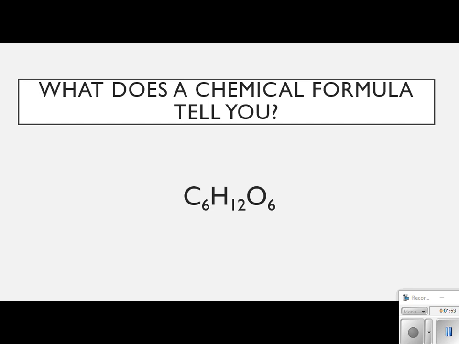All right, it tells me how many atoms of each particular element that I have. Excellent. This, by the way, is glucose. So 6 carbons, 12 hydrogens, 6 oxygens. Anything else that it tells you?